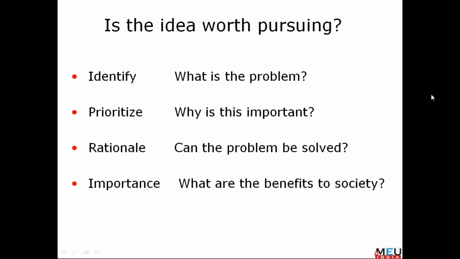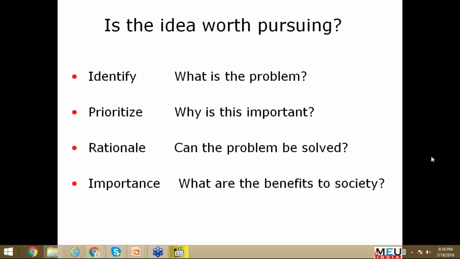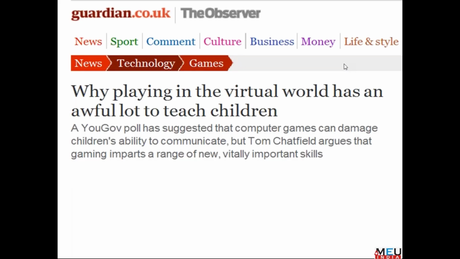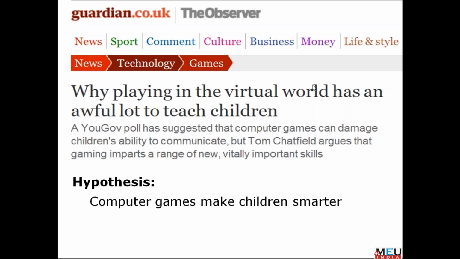Now, after that, the rationale of the problem: is the idea worth pursuing? Are there any benefits to the society? So, when we plan a research study, we will just say whether computer games make children smarter. Is it important? Can it be solved? Are there any benefits to society?